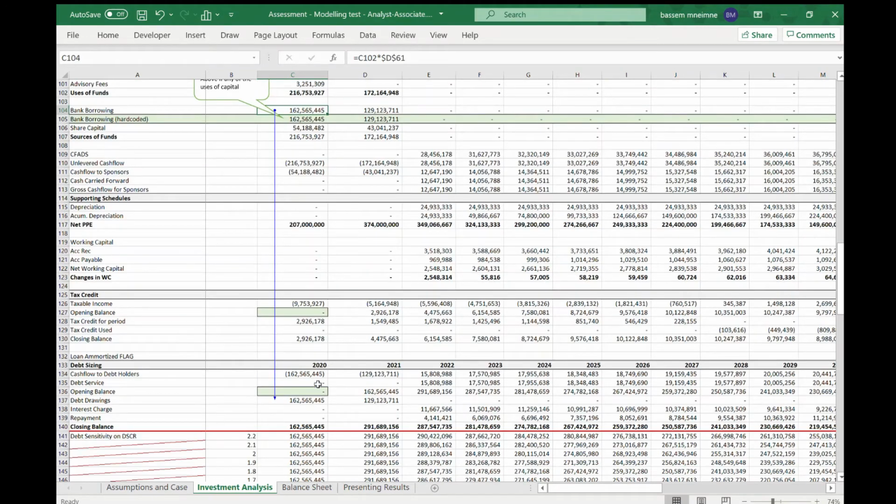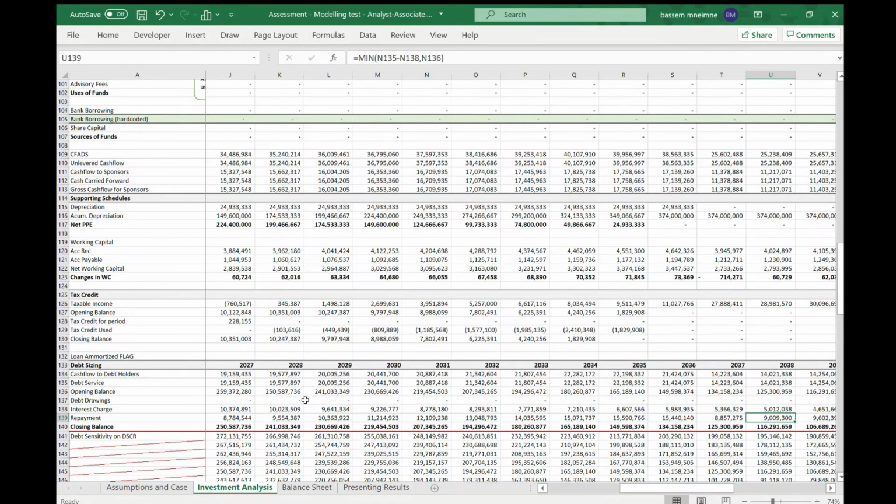And this is where I calculate how much my closing balance is every year, and this is taken from the year before. I calculate how much my repayment is by subtracting the interest charge every year from the debt service amount. So this would be how much I'll be paying in principal and how much it would be amortizing each year.